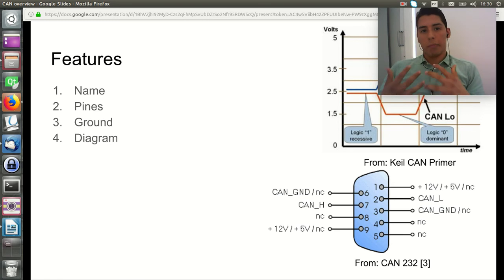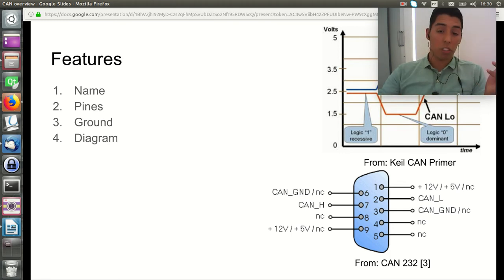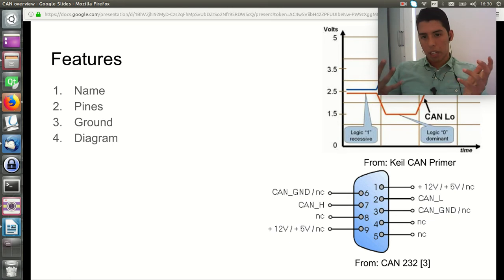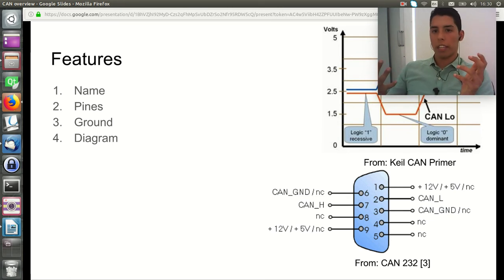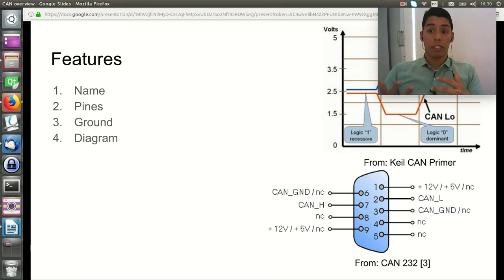The ground can be omitted and is only required to handle various problems such as open circuit or short lines. CAN high and CAN low are 180 degrees out of phase, as the diagram shows.